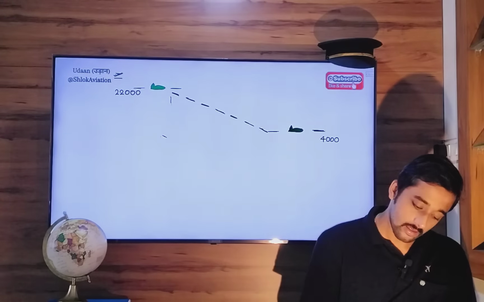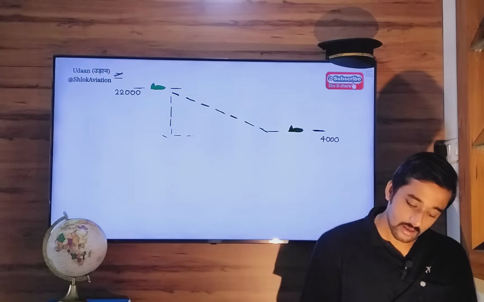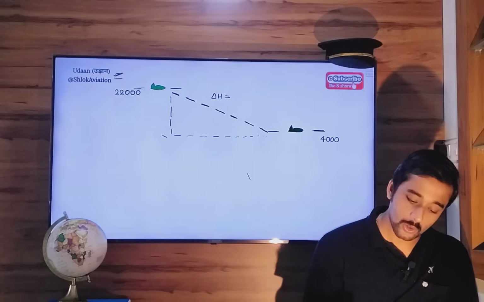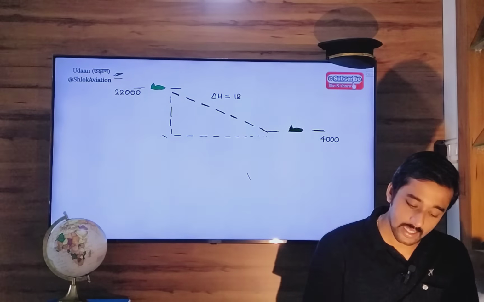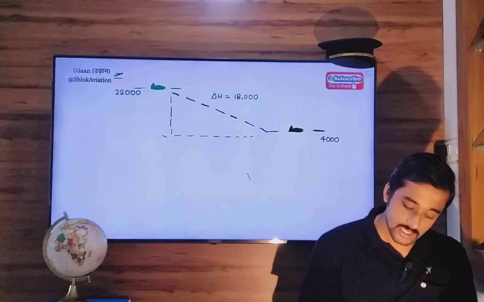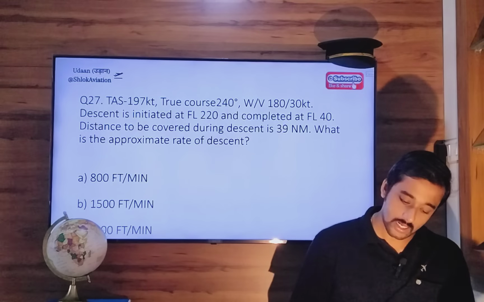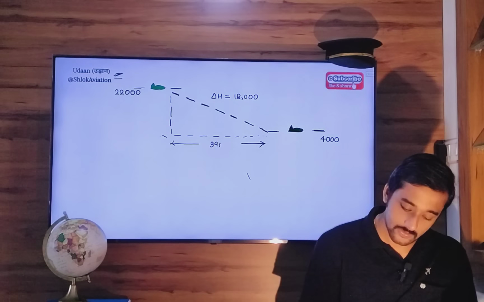So change in height is equal to 22,000 minus 4,000, 18,000. The distance that it covers during this descent is equal to 39 nautical miles.